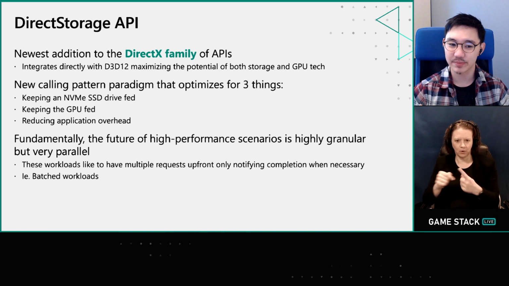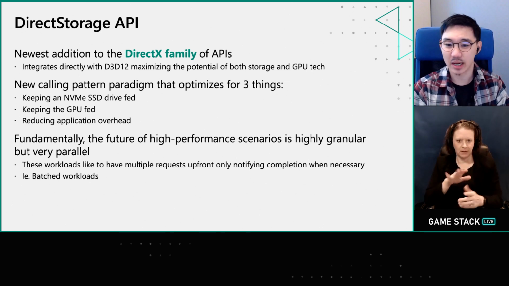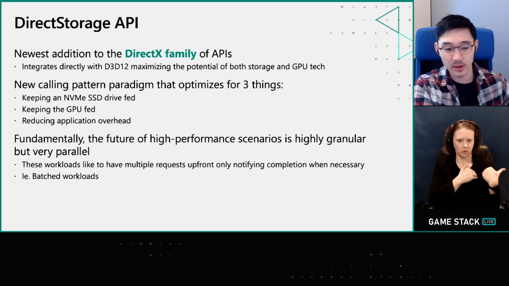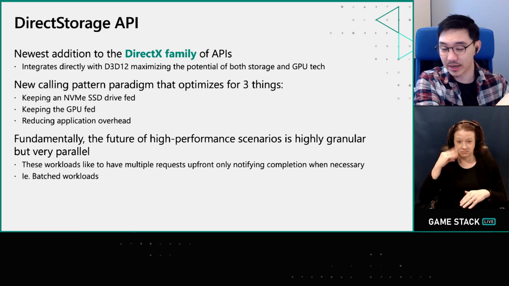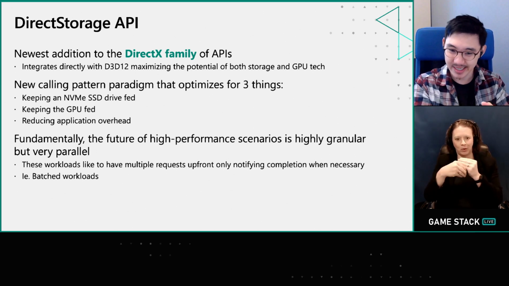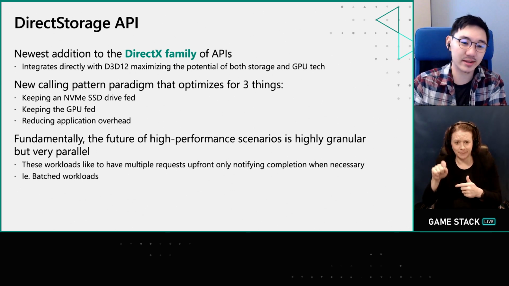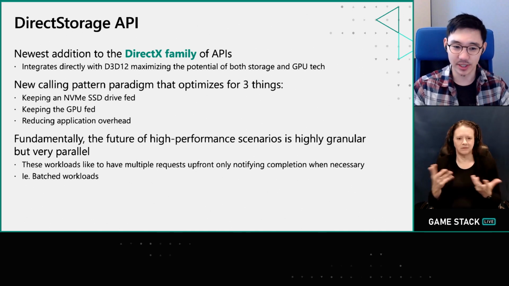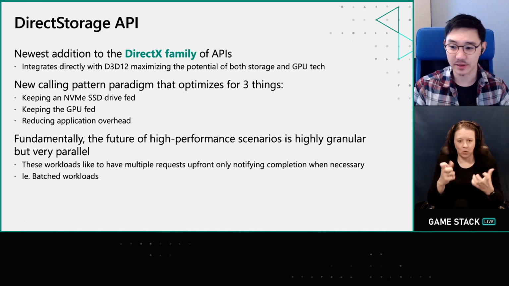And that essentially becomes a batch workload. In the past, you might have seen games: you load the entire thing and then you go. Now we get down to the granularity of textures, and then the granularity of MIPs. And we're going even further down to the granularity of tiles. That's highly granular, but you want to deal with a lot of things in parallel to be efficient.